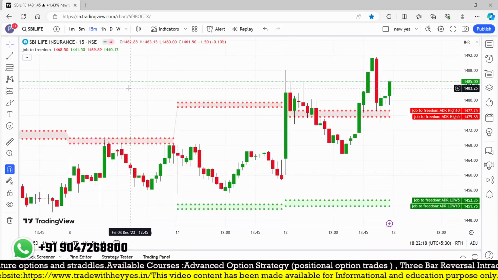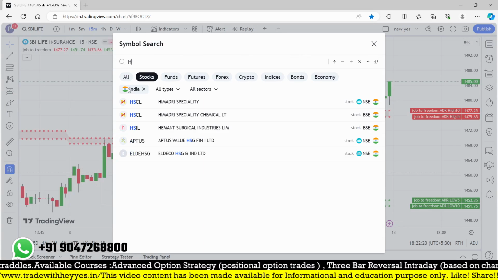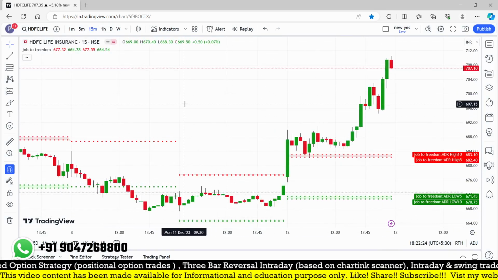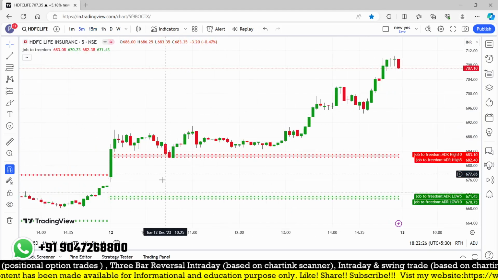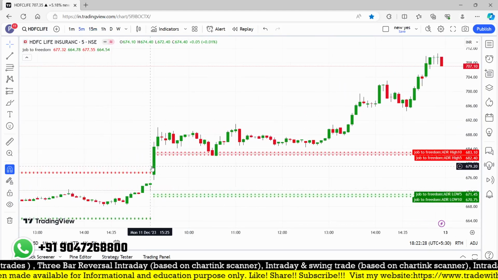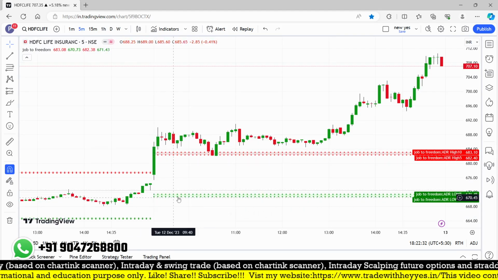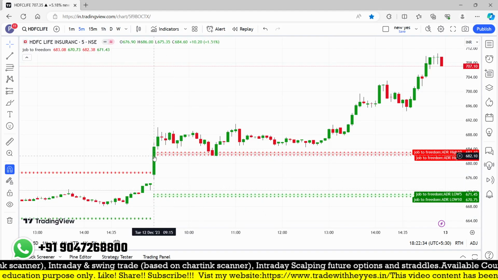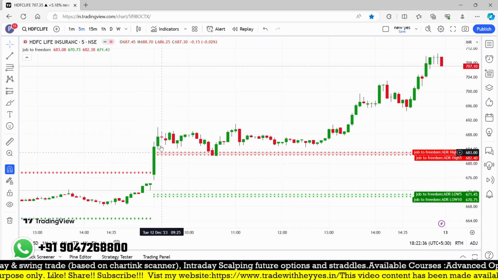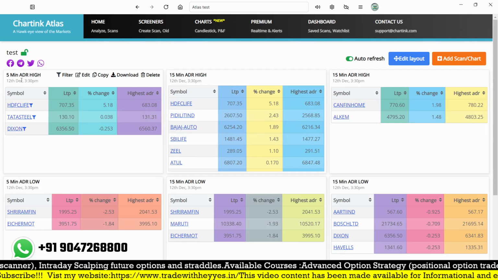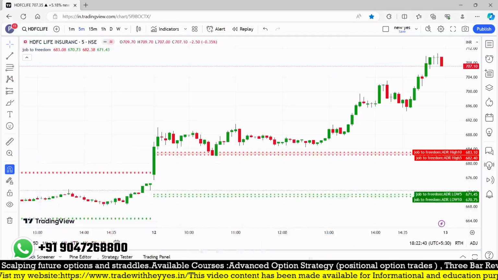First of all, HDFC Life at the top. You can see this is the 15-minute time frame, and I'm looking at the 5-minute time frame. This is the scenario where the first 5-minute candle closed above the ADR 10 level; only those stocks are filtered out first.